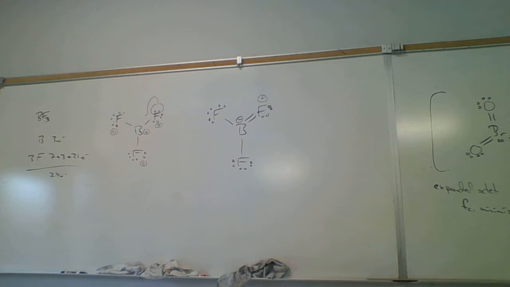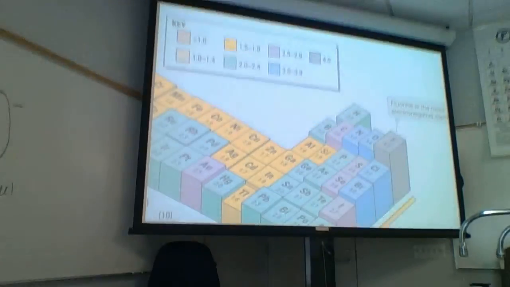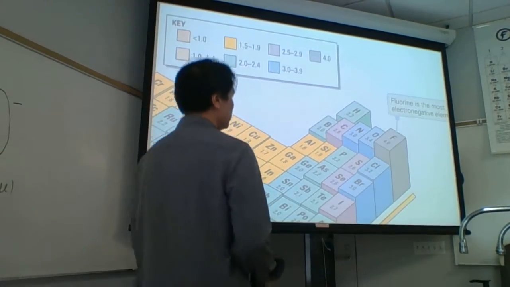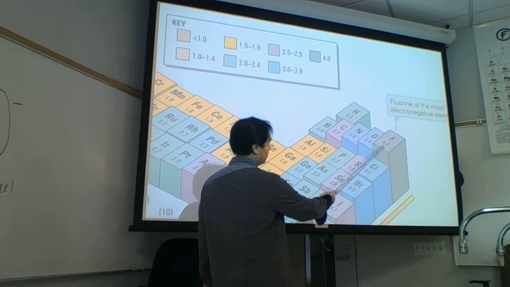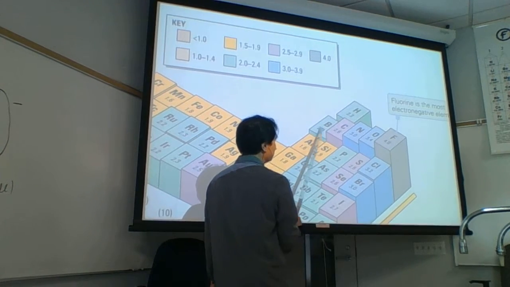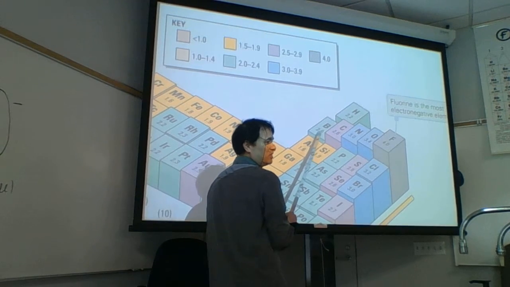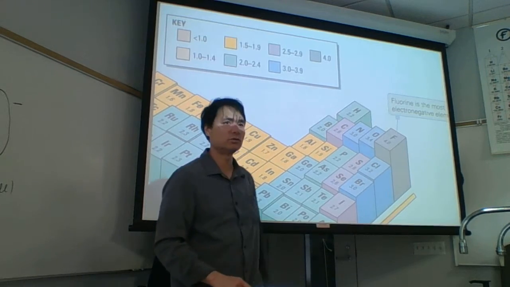But take a look. What's the electronegativity of fluorine? Fluorine's electronegativity is 4.0. Boron's electronegativity is only 2, so there's a difference of 2.